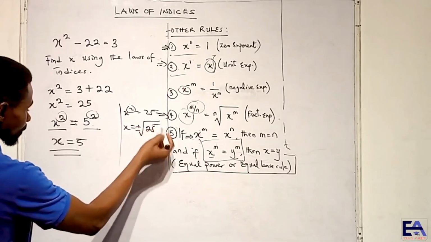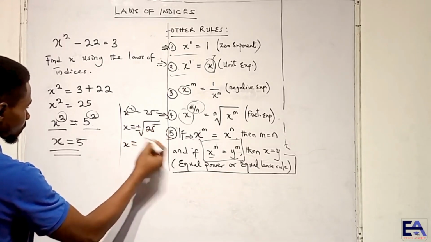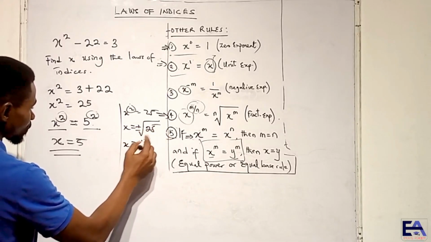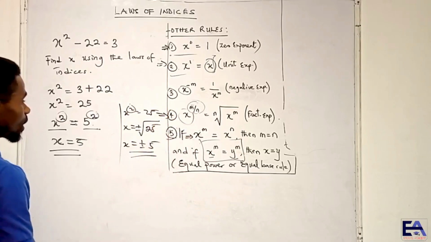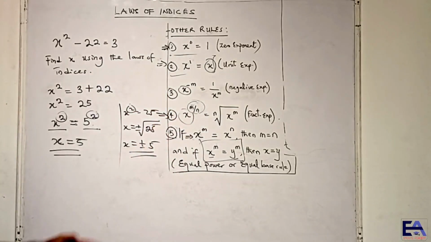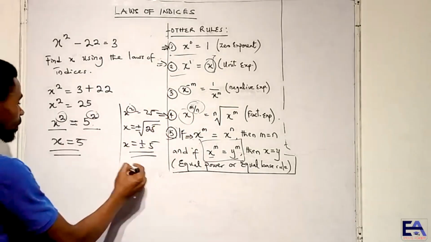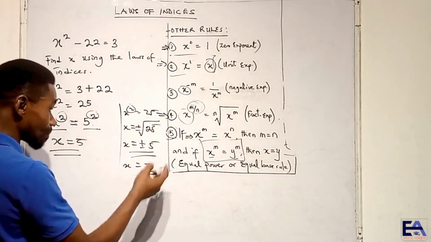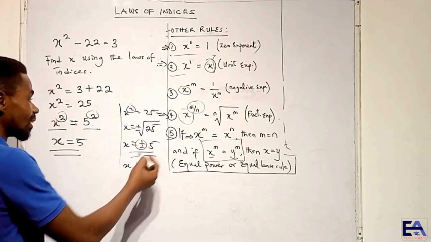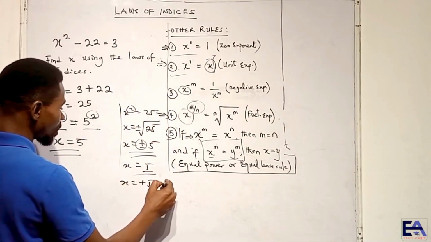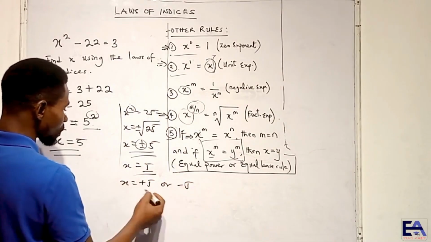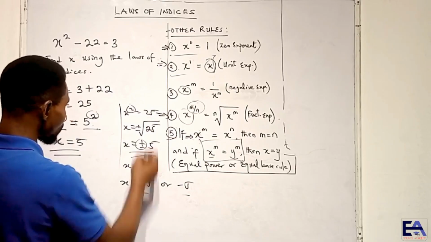So if it's find the square root of 25, you say x is equal to plus or minus 5. The square root of 25 is plus or minus 5. But because most of the time we are interested in the positive answer, we just say x is equal to 5. Mathematically, though, it is meant to be plus or minus 5, which means x is equal to positive 5 or negative 5, because when you square each of them, you get 25.